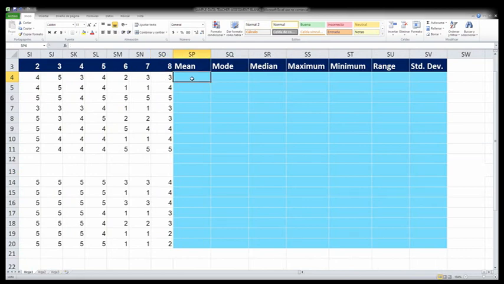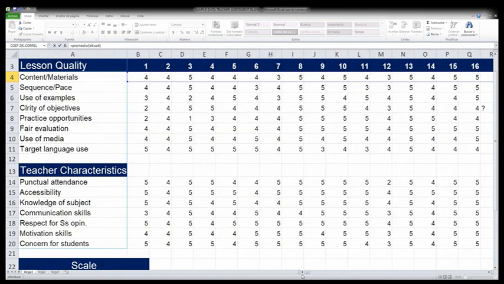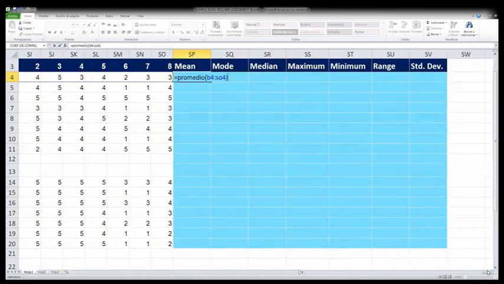B4, SO4. So let's calculate. Okay, we can see that my cells are selected. If you see, there's a little line here. So I am selecting all of the data that I need to calculate the mean for the first one.